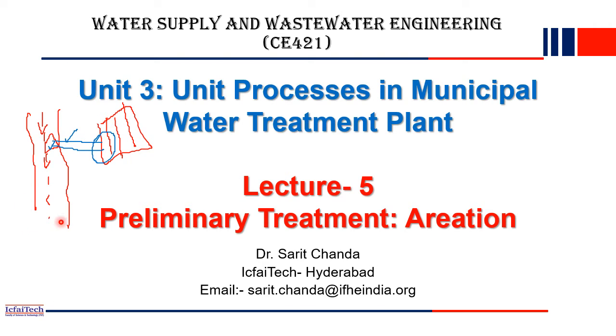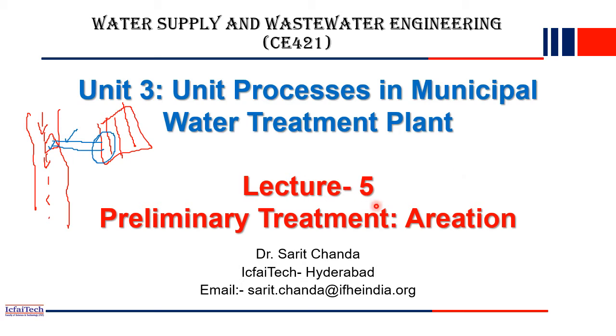If we collect water from a surface source, then dissolved solids, floating objects and many other things will be there in the raw water, so we have to filter them out accordingly. We saw what treatments are needed if you collect water from surface water, and what treatments are needed if you collect it from an underground source. That we saw in the last lecture.